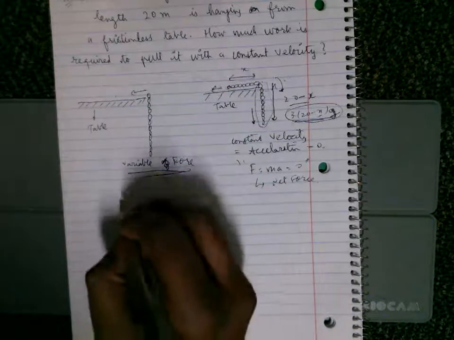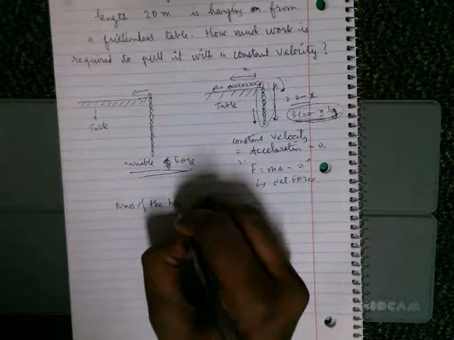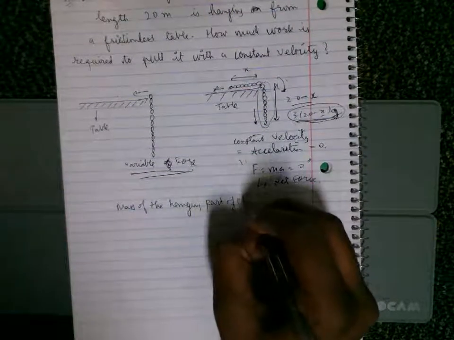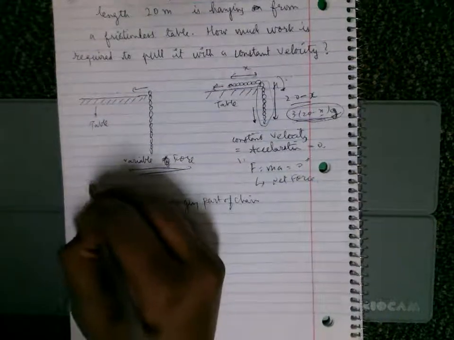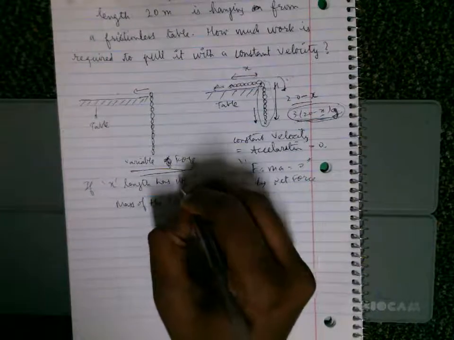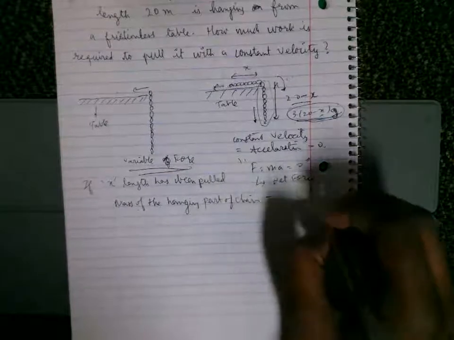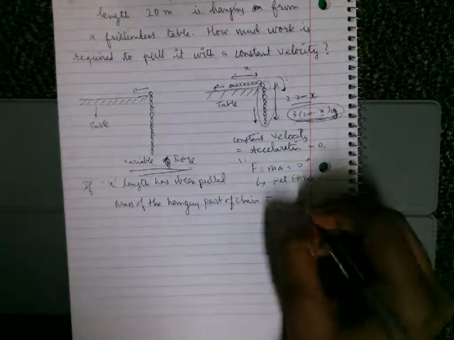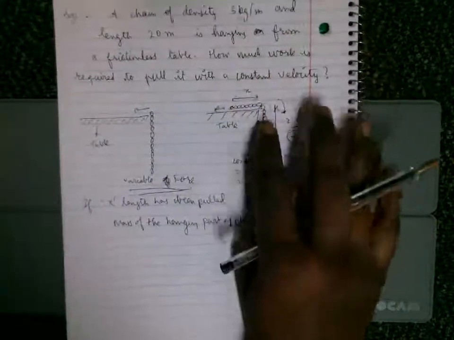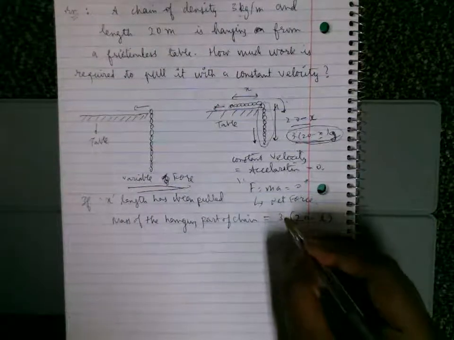So I'll write this down. If x length has been pulled, then the mass of the hanging part of the chain is the length, 20 minus x, times the density of the chain, which is 3 kg per meter. So we multiply with 3.